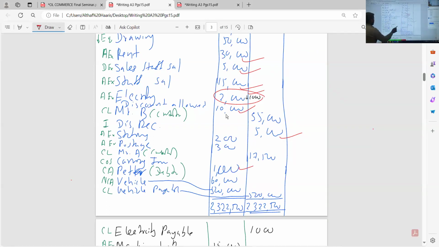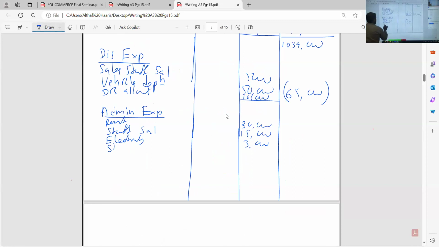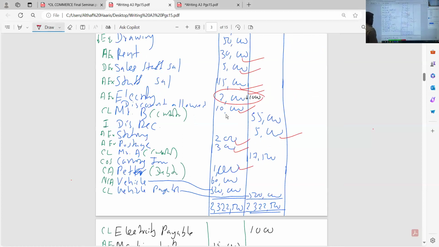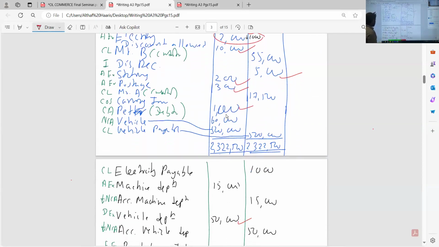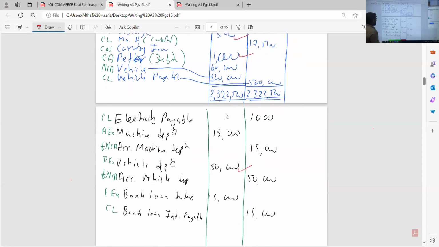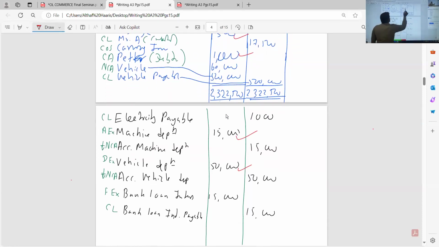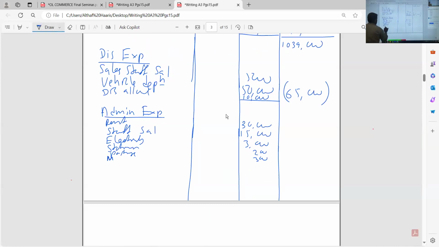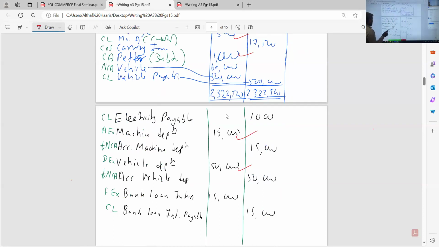Then stationery 200, postage 300. What else is there in admin expenses? Machine depreciation 15,000. I think we took everything. Yes.